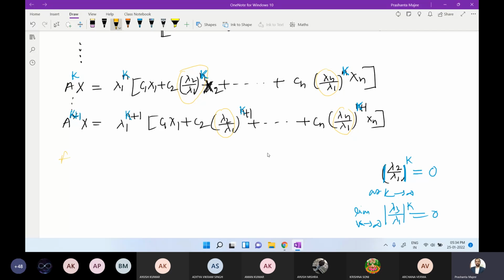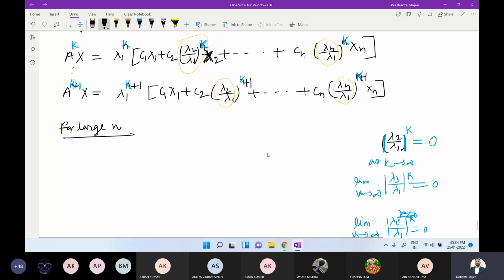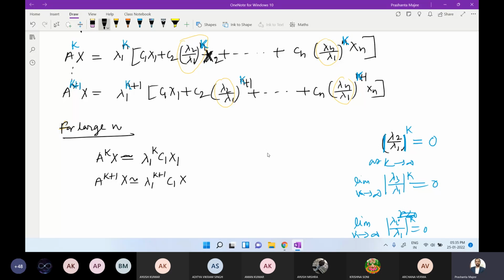Okay. So for large n, what you will get? A power k into x will be approximately equal to lambda 1 power k c1 x1, and A power k plus 1 x will be also similar, approximately equal to lambda 1 power k plus 1 c1 x1.